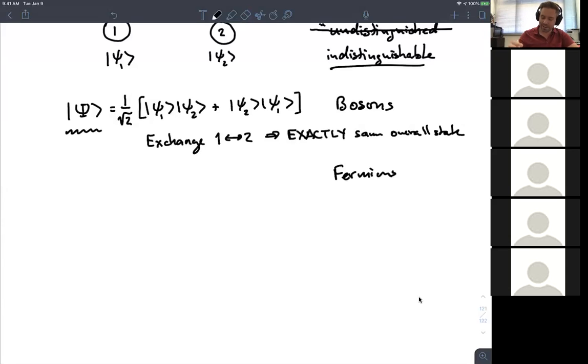So it turns out that bosons, as I've written here, so this wave function as I've written it down here, is completely symmetric. If I exchange 1 and 2, I get out exactly the same thing again. Now, it turns out because of quantum field theory, and it has to do with maintaining causality, and causality is kind of an important thing, to maintain causality in quantum field theory, the multi-particle wave functions for fermions have to be anti-symmetric.